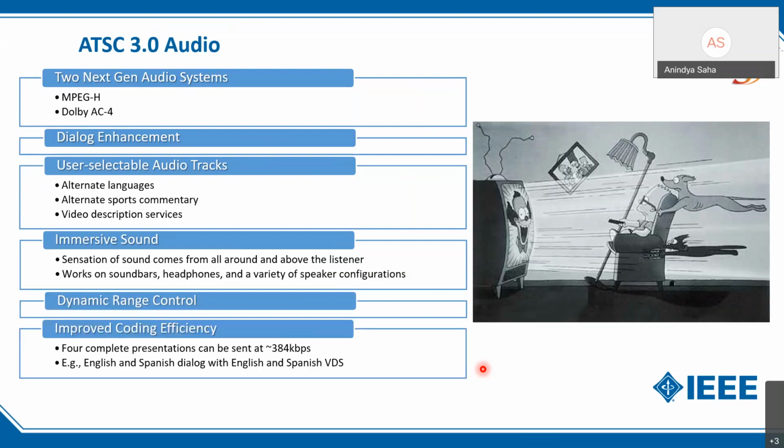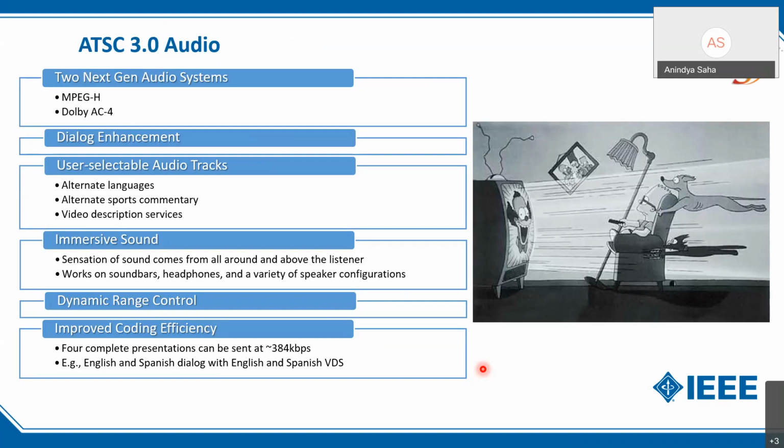If you look at the audio enhancements, what ATSC3 has done is that it has used this object-based personalization ability, especially in the audio. As a result, one of the key things they have been able to do is to separate the music and effects as a separate PID and the dialogue as a separate PID. Earlier, they used to go together, but there are enhancements in the standard by which they go separately.